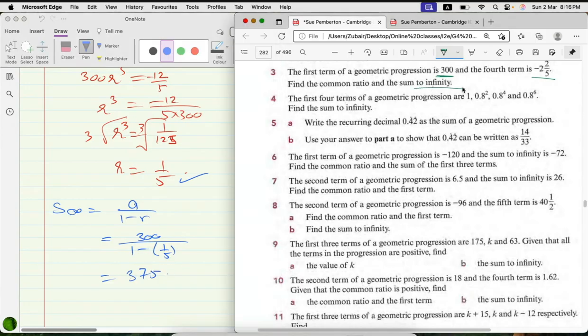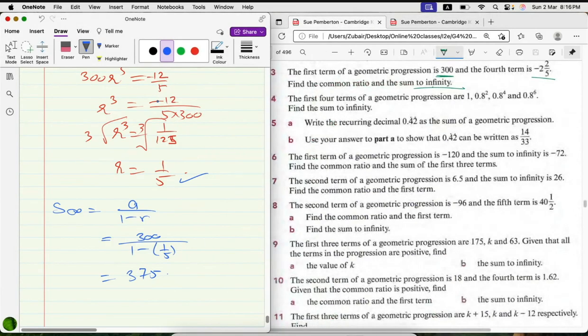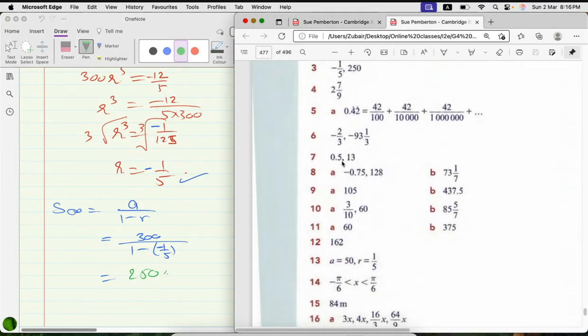Oh my god, my mistake. That was minus 1 by 5, this is minus, so that will make it plus. So 300 over 1 minus minus, plus 1 by 5, is giving 250. Question 3 is 250.